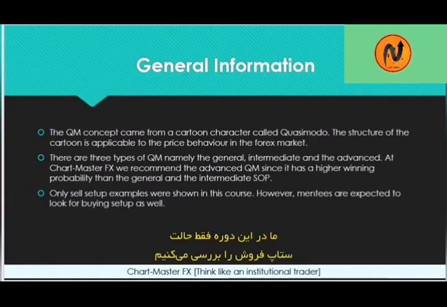In this course, we are only going to be giving you some setups only for the sell setups. We are not going to give any example of some buying setups. Why? Just to shorten, and for you just to have an appreciation of how the concept applies in the market.